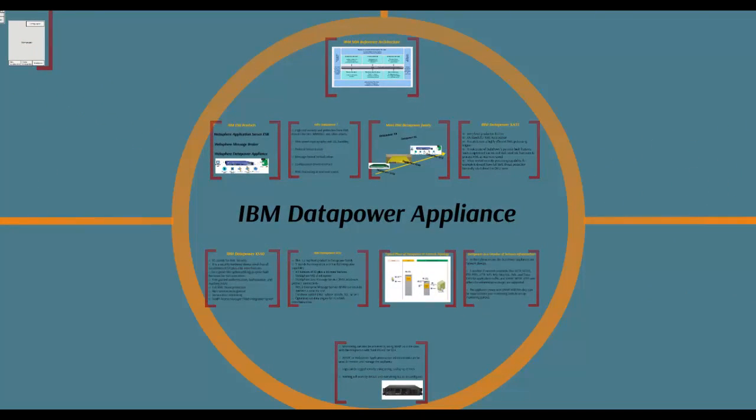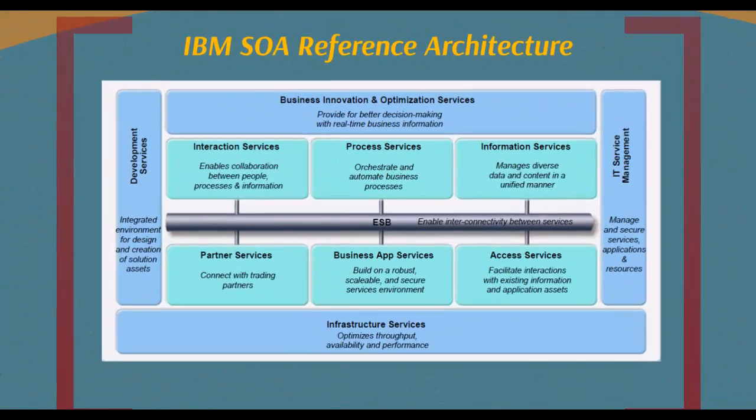So this is the overall presentation, and first I would like to introduce the IBM SOA reference architecture. DataPower is an ESB implementation. If you look at the overall SOA reference architecture, SOA stands for Service Oriented Architecture. It's a way of building enterprise applications.